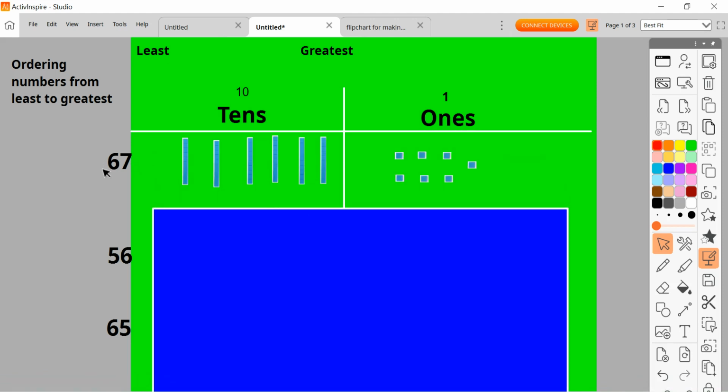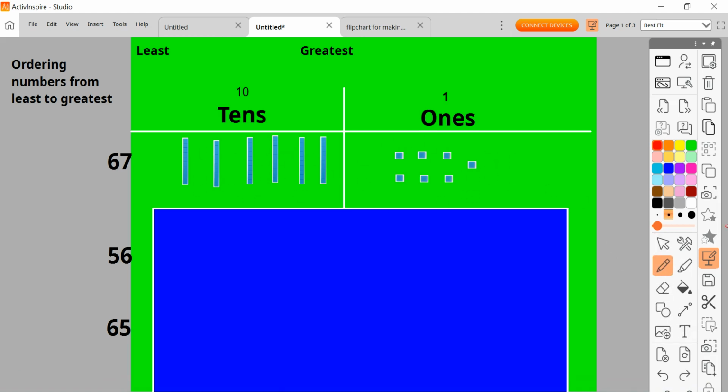In this number, I know that 67 has 6 tens and 7 ones because we've already worked on the place value chart. You have to remember those things in order to do this when you're doing your lessons. So if I look at 67, I have my 6 tens and my 7 ones.